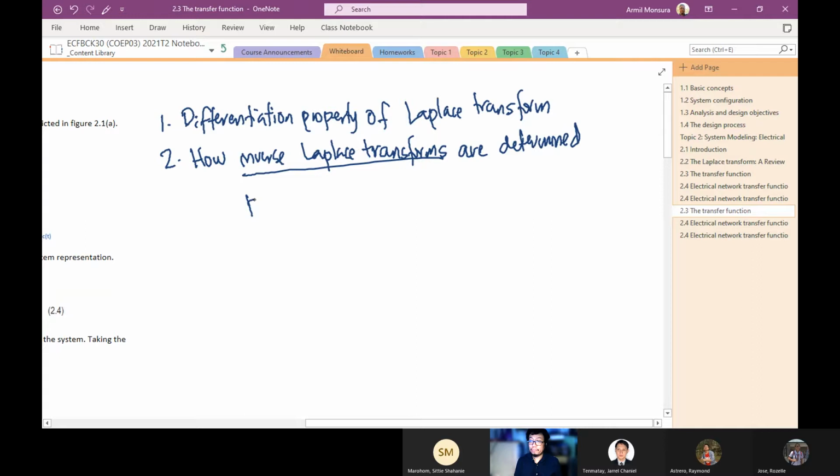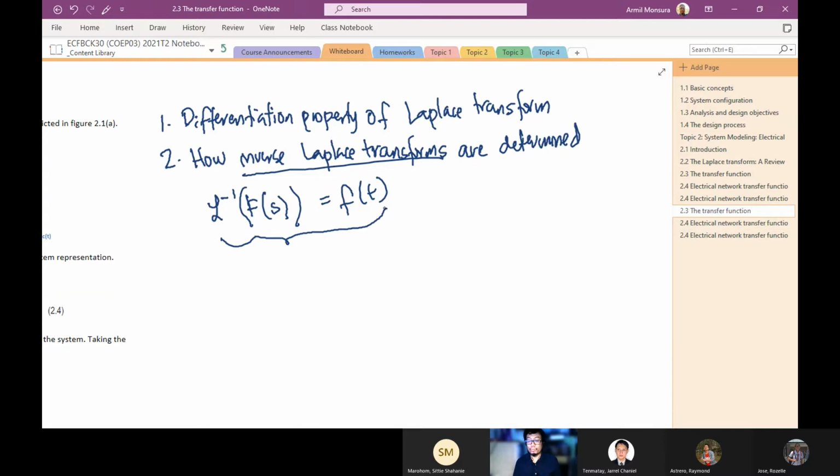Kumbaga kung meron kayong F of s, if you apply the inverse Laplace transform operation there, then you'll get f of t. Yung practice nito is something that I would have you learn from section 2.2, kasi gagamitin natin yan ng madalas in the future.